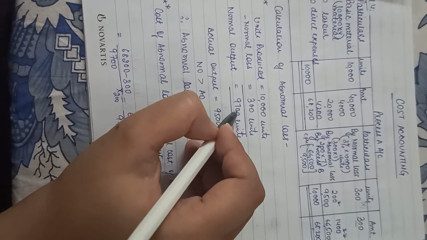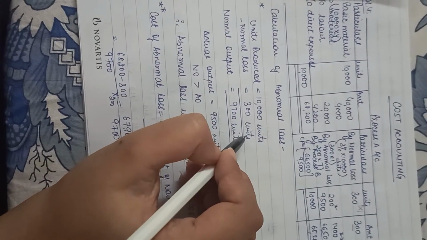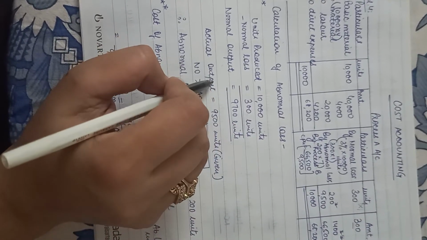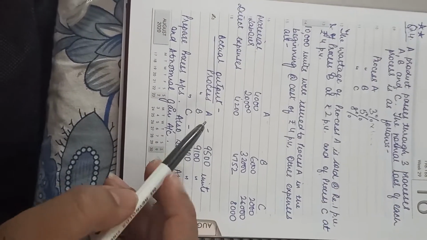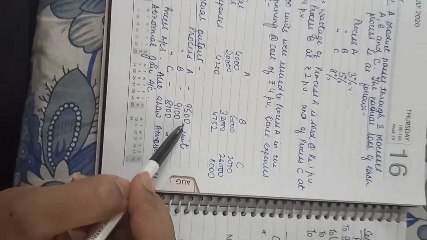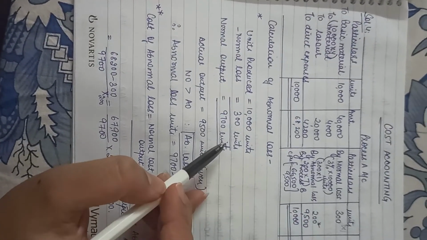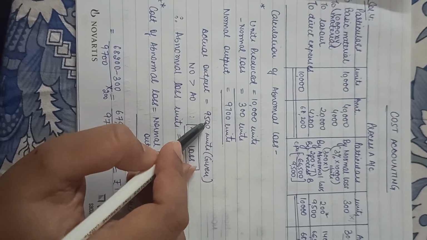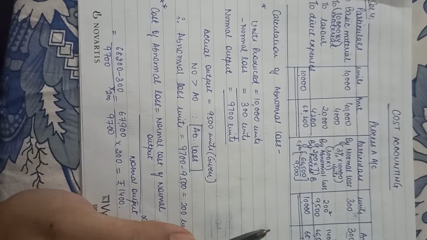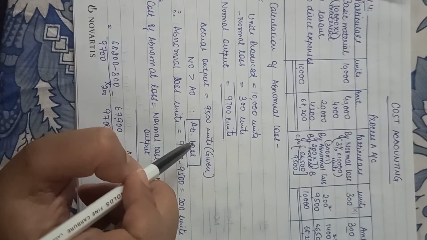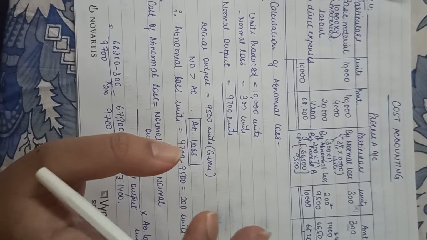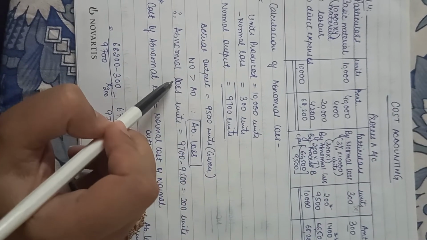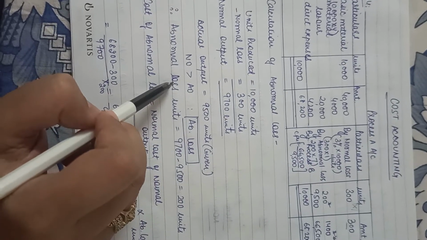So normal output is 9700 units. Try to compare with the actual output, which is given in the question as 9500 units, right? So 9700 normal output, actual output 9500, the difference is 200 units. But what actually is it, abnormal loss or abnormal gain?